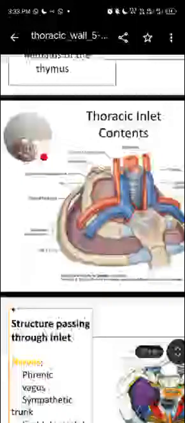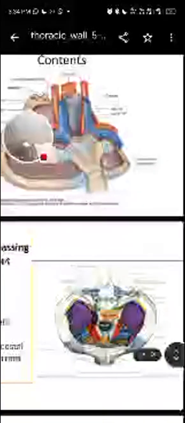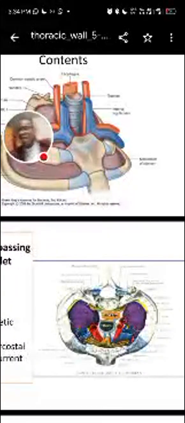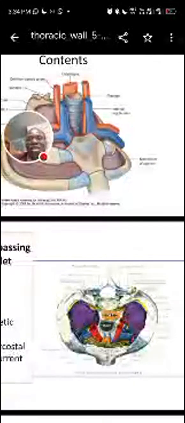Okay, so you see it here. It's not clear here. It should have been here, but it's not clear. So we'll check in the Human Anatomy Atlas.